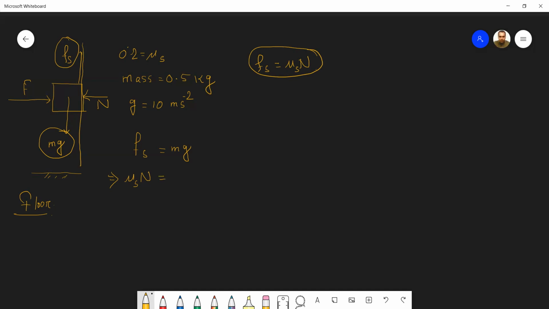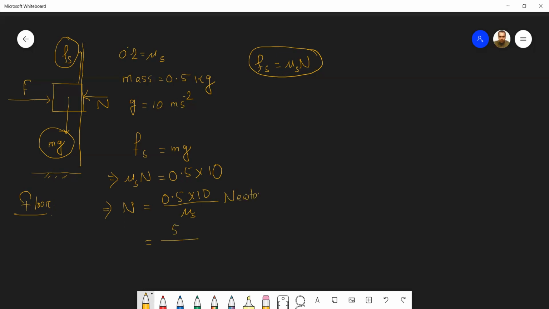So let us substitute the values. The mass of the block is given to be 0.5 and the acceleration due to gravity is given to be 10. So what would be the normal force? The normal force would be 0.5 multiplied by 10 divided by mu s. So 0.5 multiplied by 10 is equal to 5, in Newton.